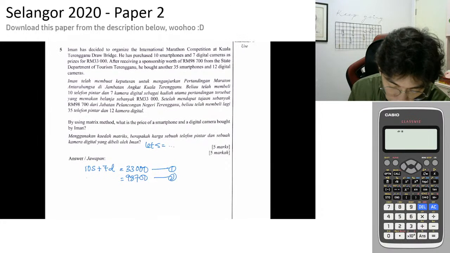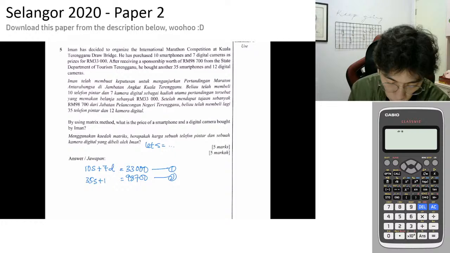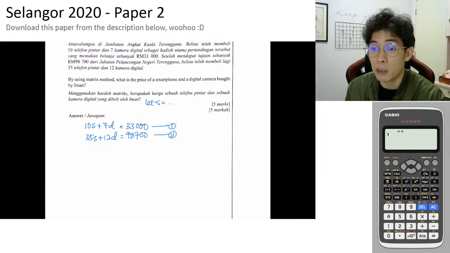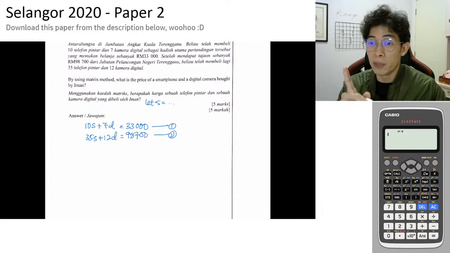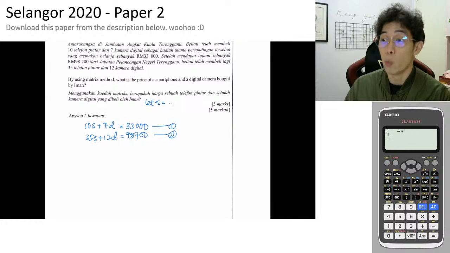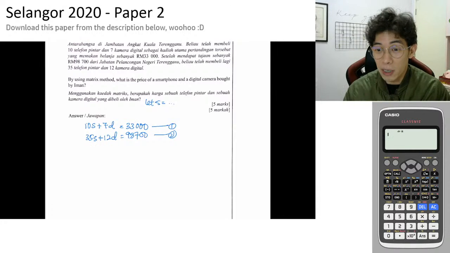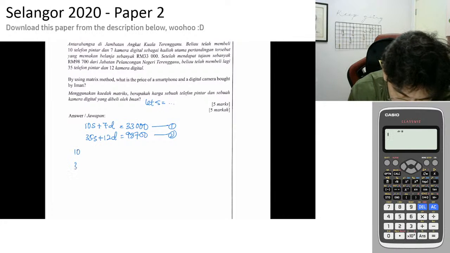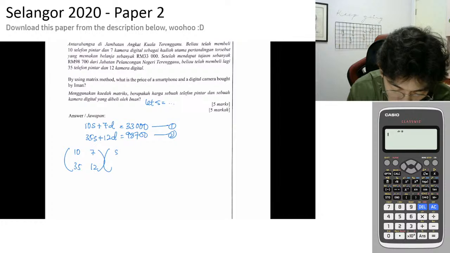So the next one, obviously, 35 smartphones plus 12 digital cameras. You don't need this because you need matrix, right? This is for Form 5, as well as SPM 2021. Matrix: 10, 35, 7, 12 bracket, S, D.